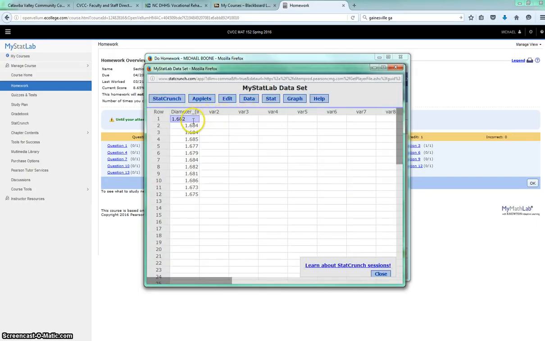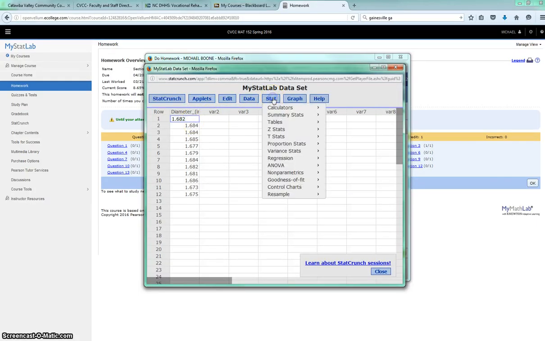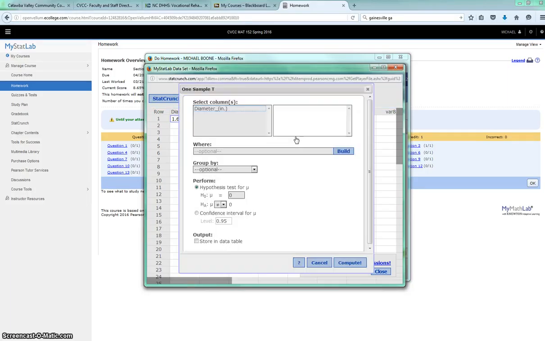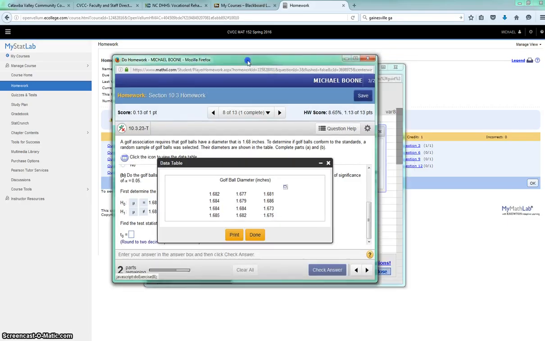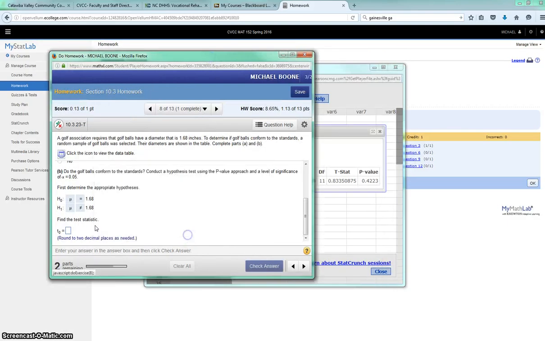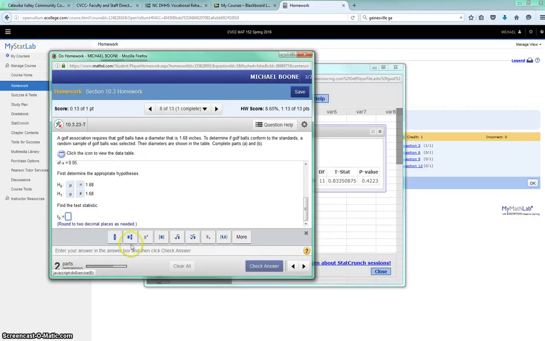We don't have to compute the mean or the standard deviation, because when we go to our t-stats, we're going to say with data. There's our data. Our mean is 1.68, and we put that it's not 1.68. It finds our test statistic and our p-value. Our test statistic to 2 decimal places is 0.83.